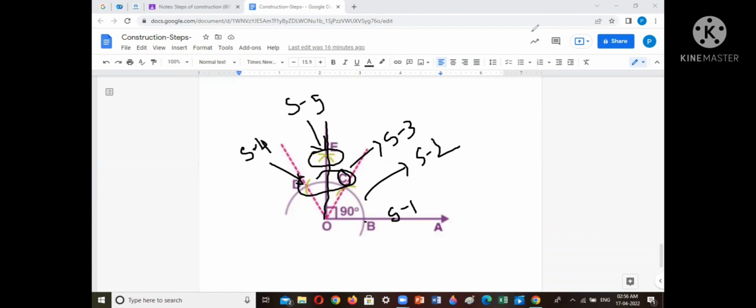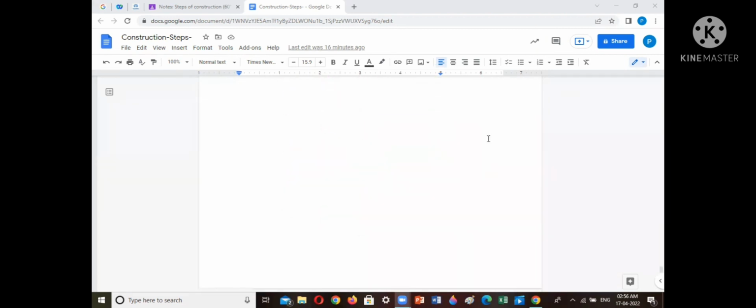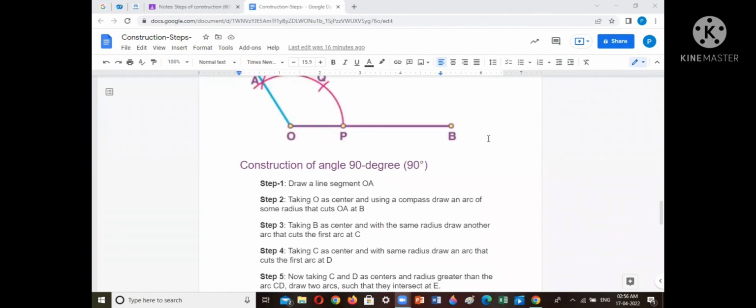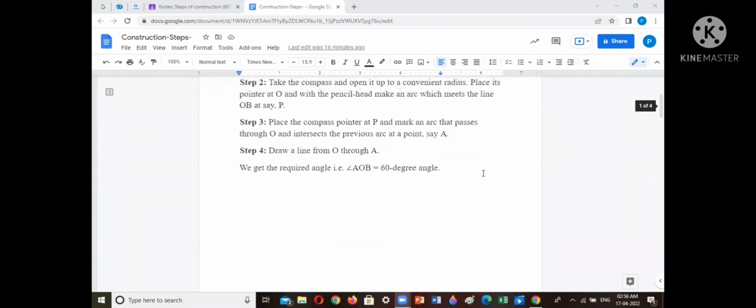Now let's move forward. Now I don't have the steps of 30-degree, but I would surely like to show the 30-degree angle construction. So let me show that.